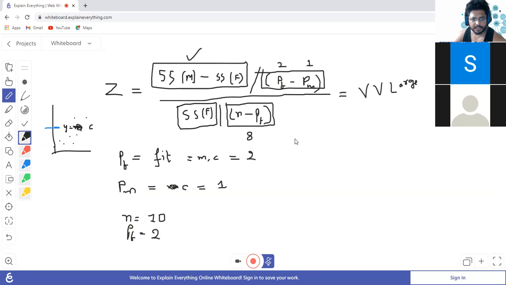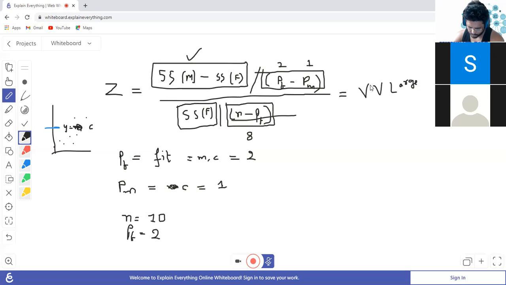So what happens here is that, whatever the situation, due to this factor the denominator becomes a very small number, and hence Z becomes a very, very large number.